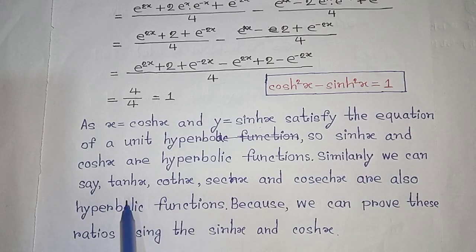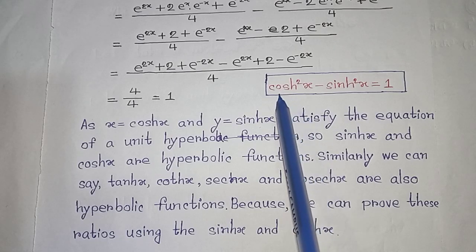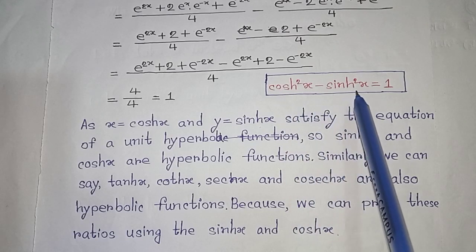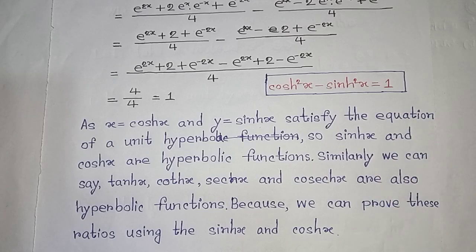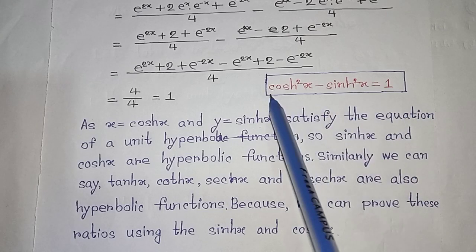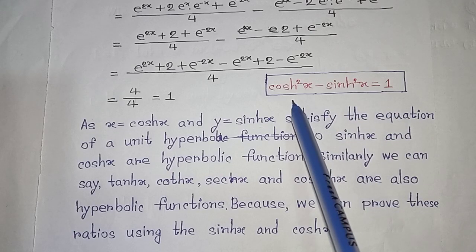Similarly, we can say tan hyperbolic x, cot hyperbolic x, sec hyperbolic x, and cosec hyperbolic x are also hyperbolic functions, because we can prove these ratios using the sin hyperbolic x and cos hyperbolic x. Okay, note, cos hyperbolic square x minus sin hyperbolic square x is equal to 1. But why? We have already proved this formula.